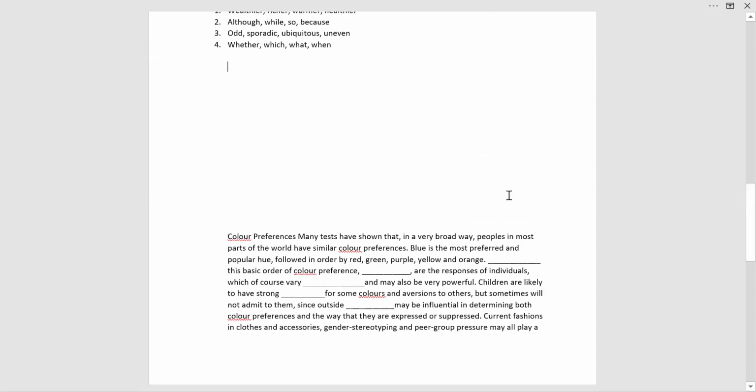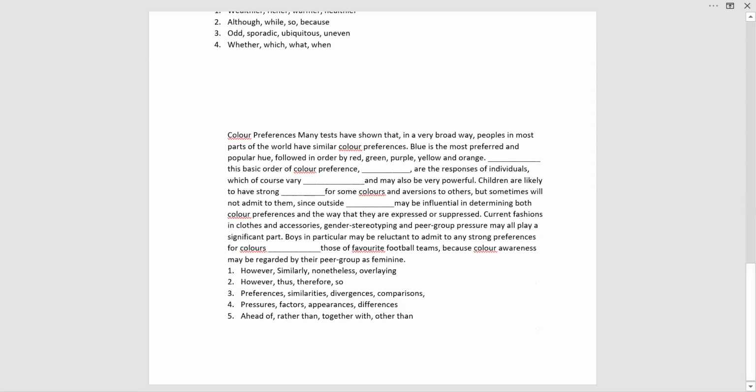One more blank is here. That's what you'll be doing now. Okay, it has 5 blanks. 1, 2, 3, 4. Oh, I have written more. Oh, these are 6 only.